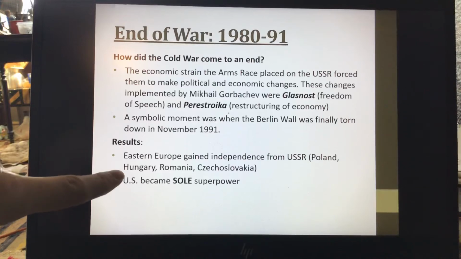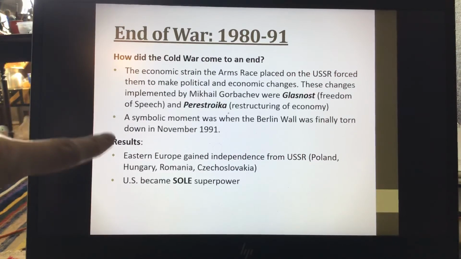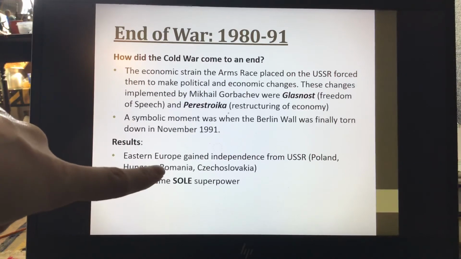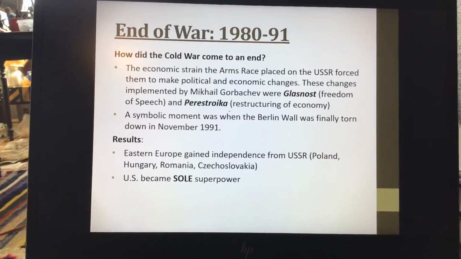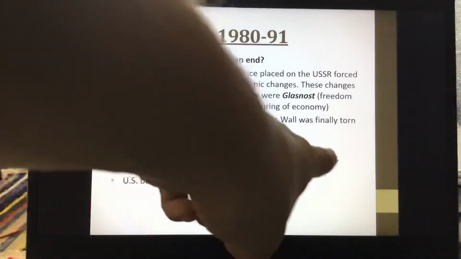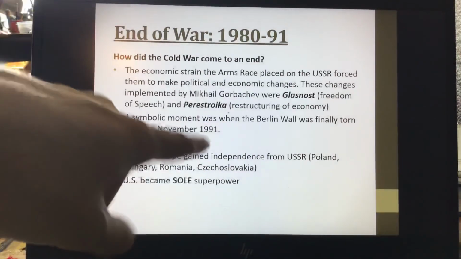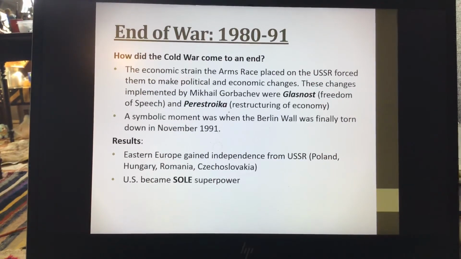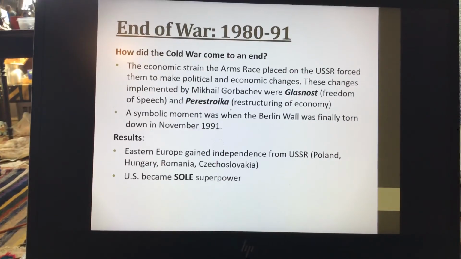The impact. Okay, so with these changes, what ended up happening is many Eastern European countries who had been a part of the Soviet Union, so we're talking about countries like Poland, Hungary, Romania, Czechoslovakia, there's a bunch, Lithuania, all these places that used to be under the umbrella of Soviet Union control now are independent.